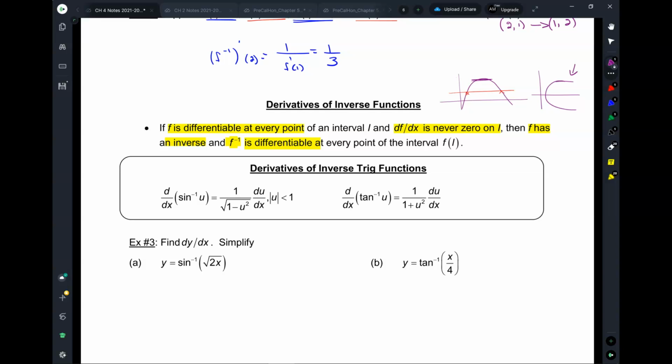Yeah, it's a relation, but it's not a function, right? But if the function itself does pass the horizontal line test and it's differentiable, then the inverse will be a function and it'll be differentiable. Okay, let's not worry too much about that.